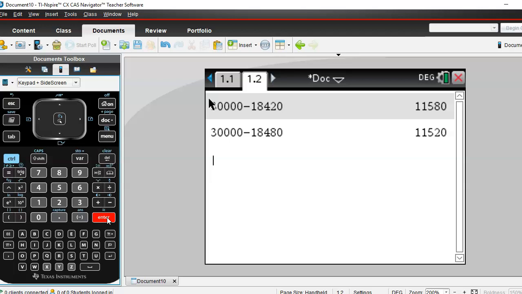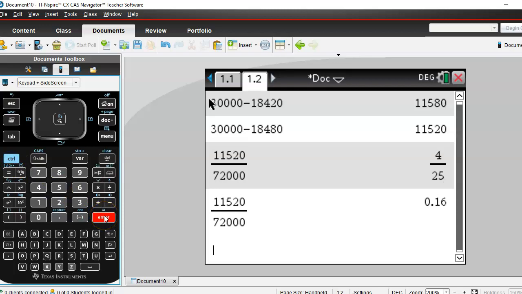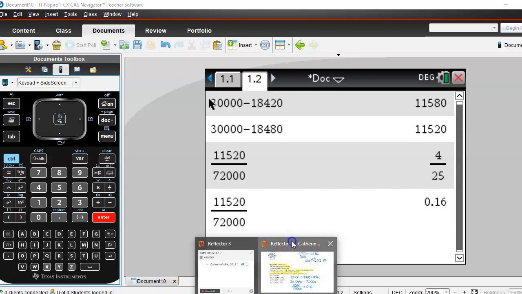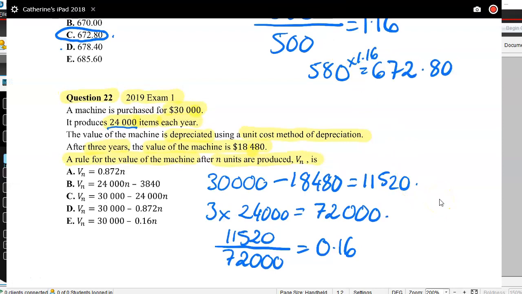So that depreciation per item is $11,520 per 72,000. Get our exact value with Control Enter: equals 0.16. So that's 16 cents per item.